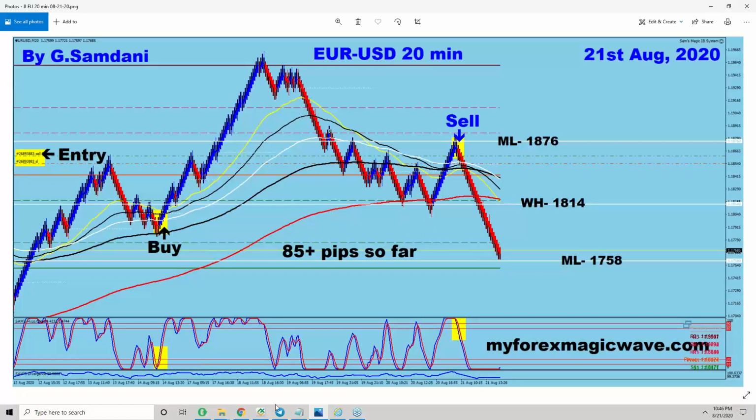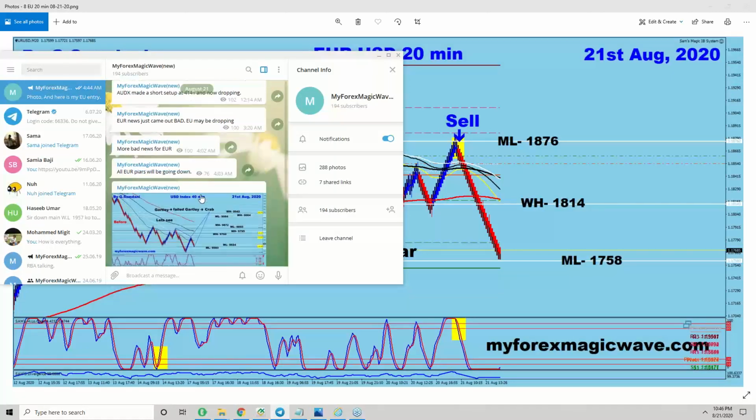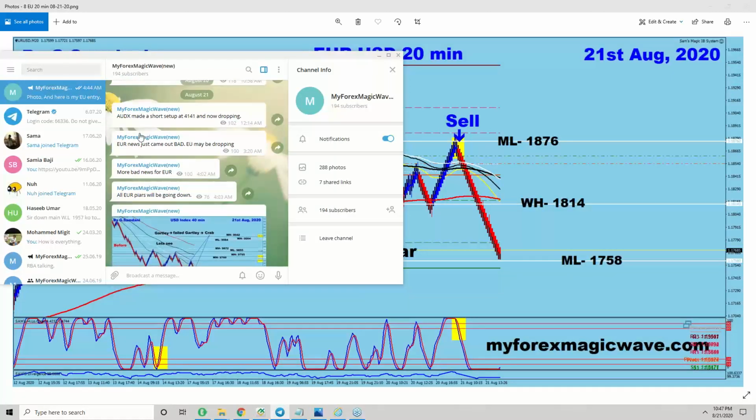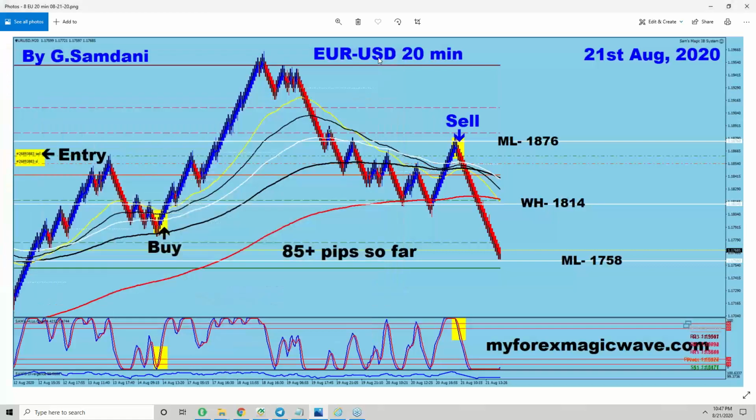I even posted on Telegram that the Euro news just came out bad, meaning Euro USD may be dropping. Then I said more bad news for Euro, and all Euro pairs will be going down. When I say all, I literally took not all of them, but Euro USD to the downside right there.